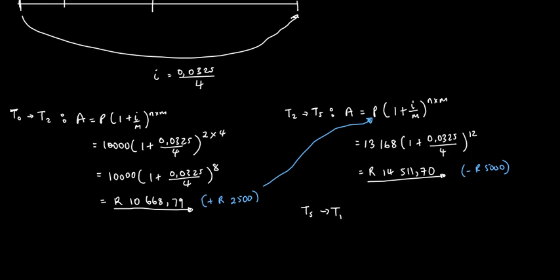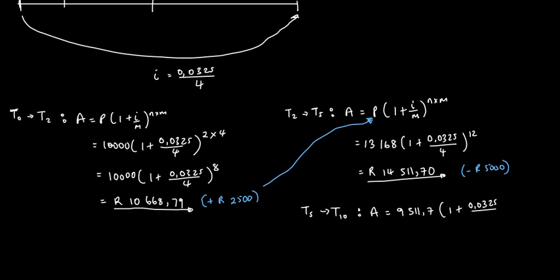Because that is how compound interest works. It works on the balance, right? So here we have T10, right? And then we're gonna say A into, we'll subtract 5,000, right? So you say 14,511.7 minus 5,000. You have yourself 9,511.7 into 1 plus 0.0325.